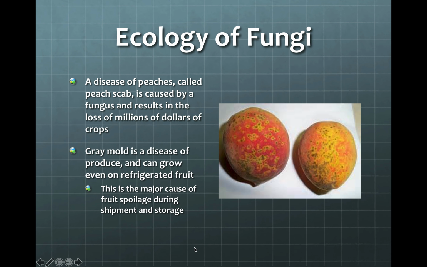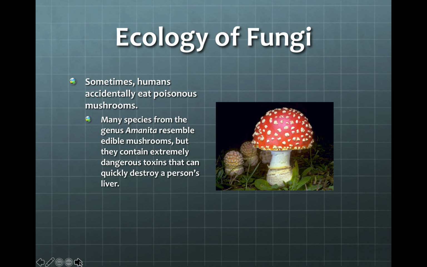So there's a lot of fungi that can damage fruit. And sometimes it happens during the shipment and storing of the fruit, because anytime that happens, guys, you've got a dark, moist environment. Fungus is going to grow. It just takes a spore, and it's going to grow. So it can damage fruit.